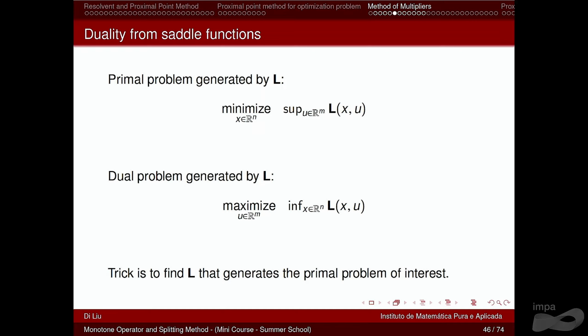But it is hard to say whether the optimal values of these two problems are equal or not. But we can have some weaker conclusions, which we call weak duality, no matter whether the capital L is the Lagrangian or augmented Lagrangian or whatever.